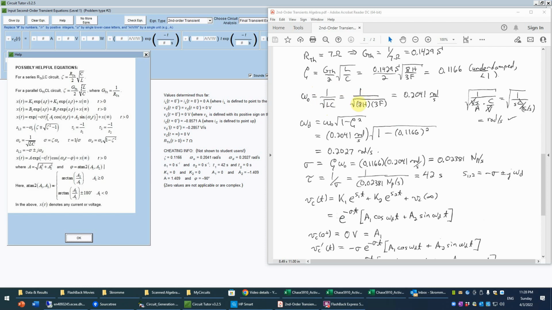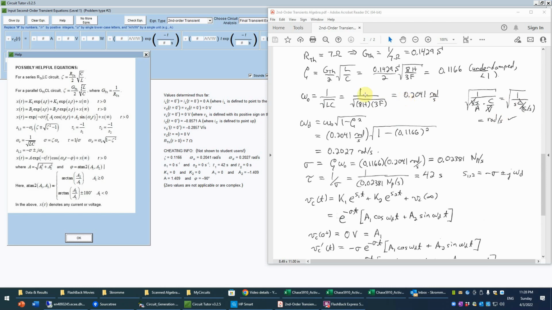Plugging in L as 8 henries and C as 3 farads, I take 1 over that square root. I can also check the units: the henry being a weber per amp or a volt second per amp, the farad being a coulomb per volt. Volts cancel, and an amp is a coulomb per second. Everything works out to 1 over inverse second when you take the square root, so radian per second. Numerically that is 0.2041 radian per second.